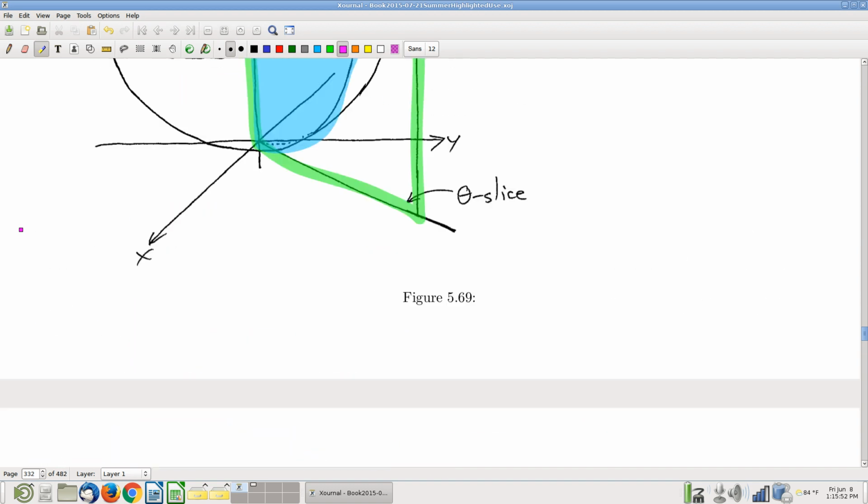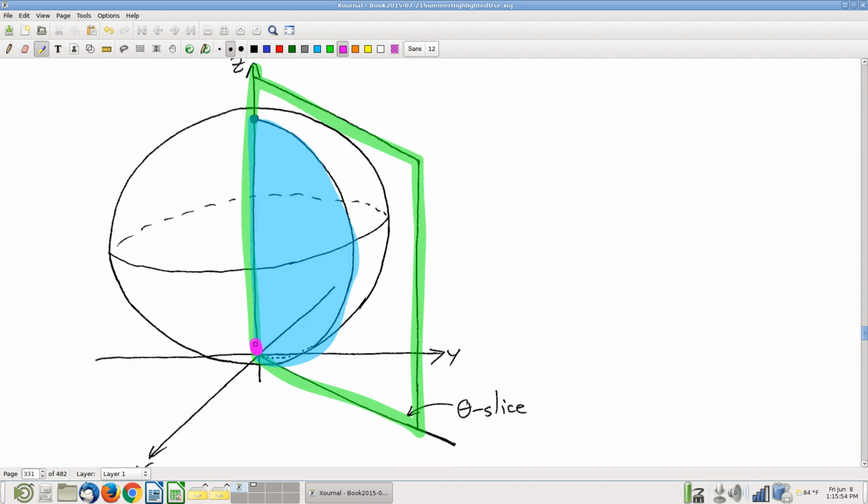Now again, you can see that over here. It's just that the picture is harder to draw, and it's harder to see what's going on at the origin, which is where all the phi slices are emanating from, because the origin's kind of on the bottom. It's in fact obscured by the front part of the sphere that we have drawn here.